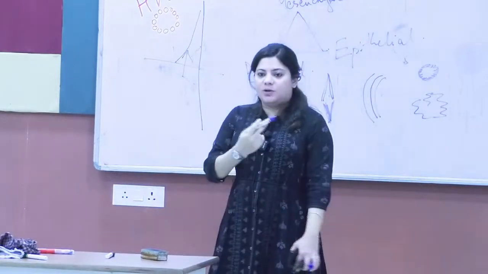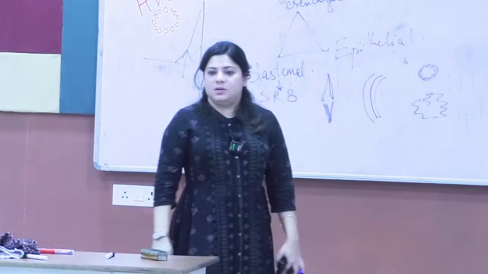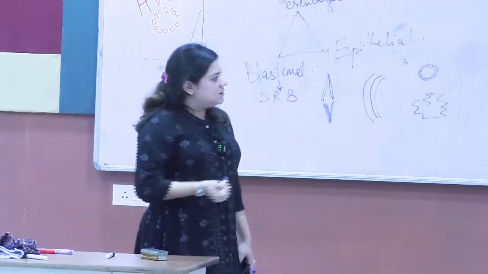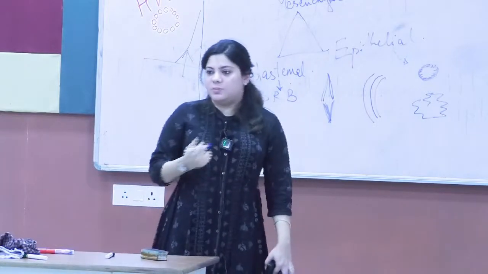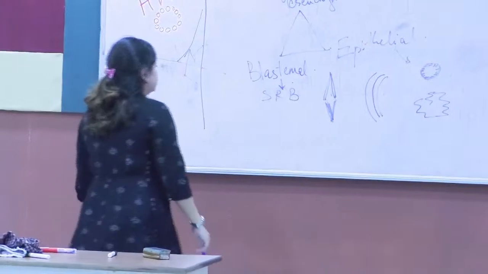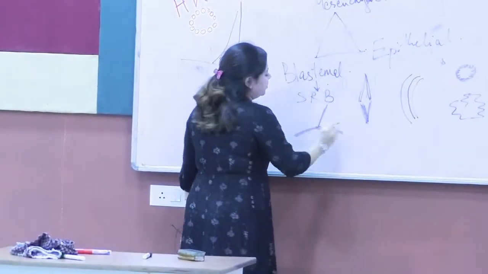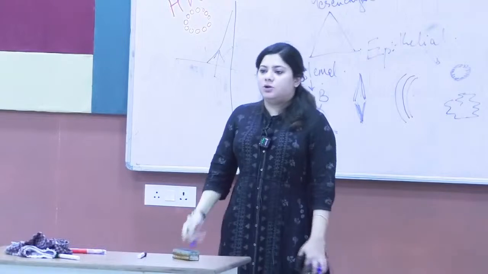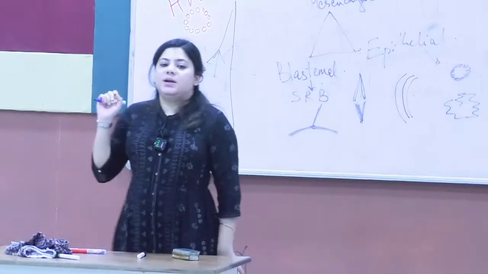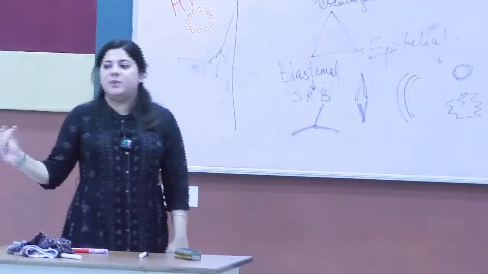Here an arrow is given. You see, it is not like the normal one, that is the atypical mitosis. Or a tripolar one like this is also atypical mitosis. It is the surest sign of malignancy. Once I see an atypical mitosis, it is malignant, it can never be benign.